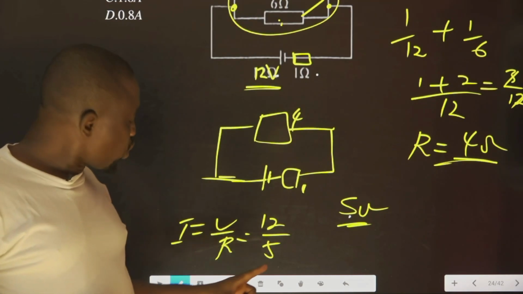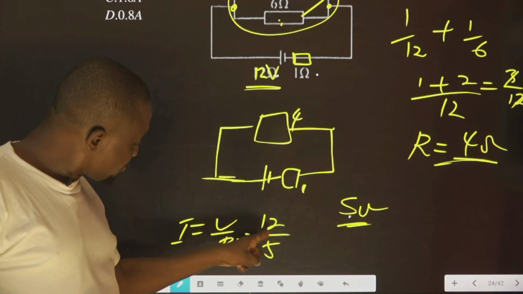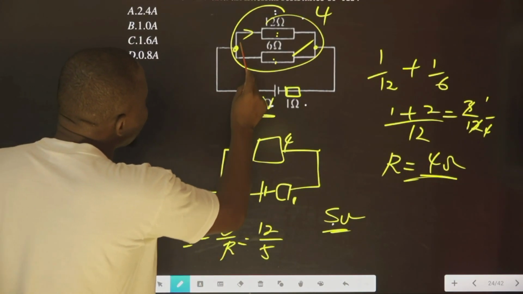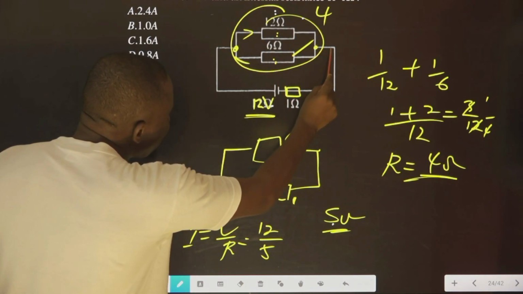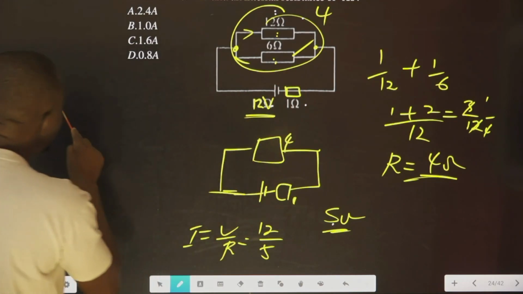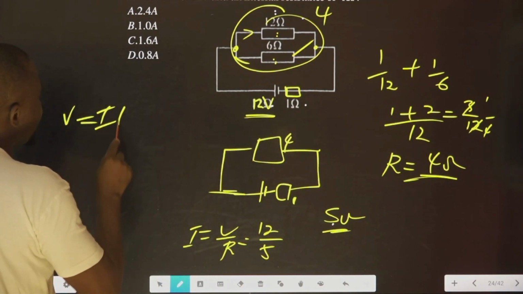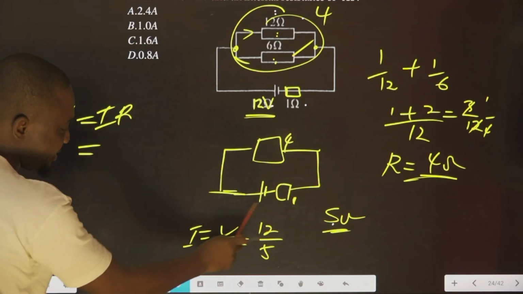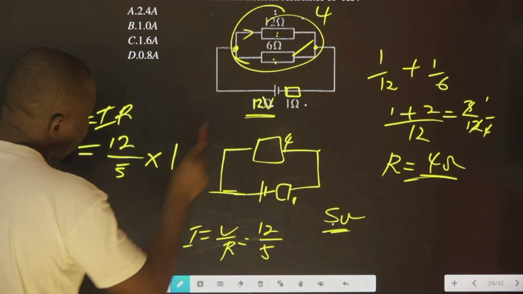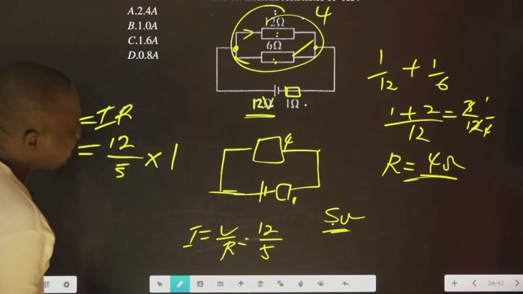Now that we have this, we can use this current, because when the current leaves this positive pole and moves like this, dividing into 2, it will still come back and pass through this 1 ohm resistor. It means the voltage of this 1 ohm resistor is I multiplied by R. Our I here is 12 over 5 multiplied by R, which is 1. Why are you using this for everything?